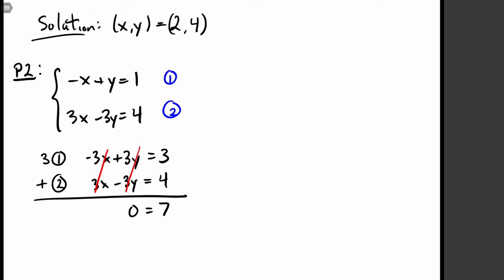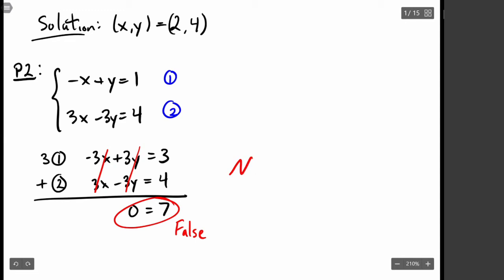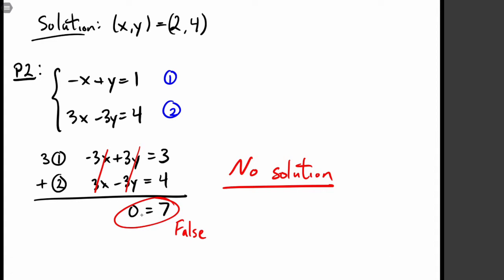Well, this is just false. This isn't true. So what does that mean about this system of equations? This means that there's no solution. If you get a false equation like this, there's no way to answer this problem.